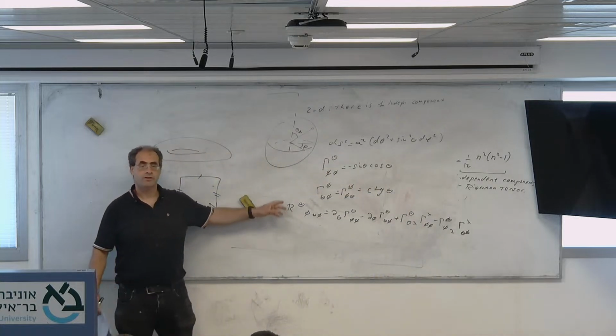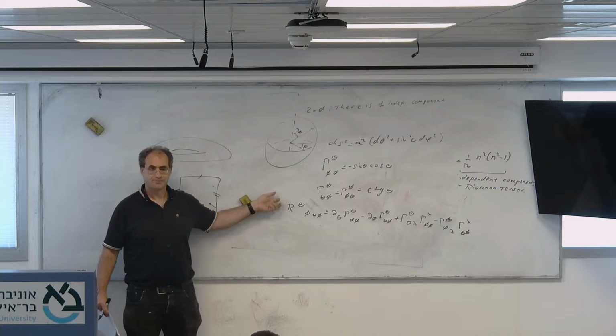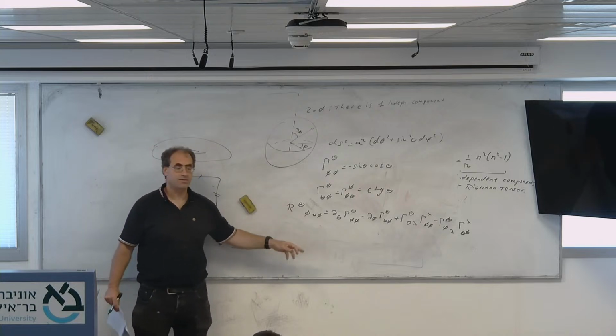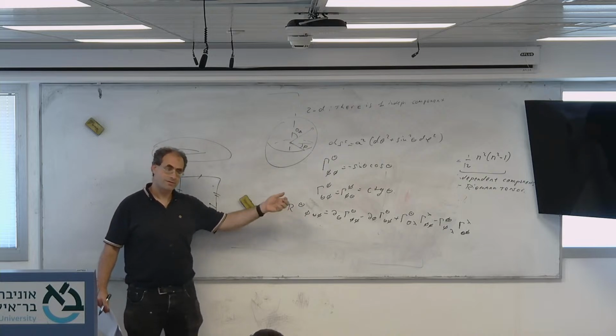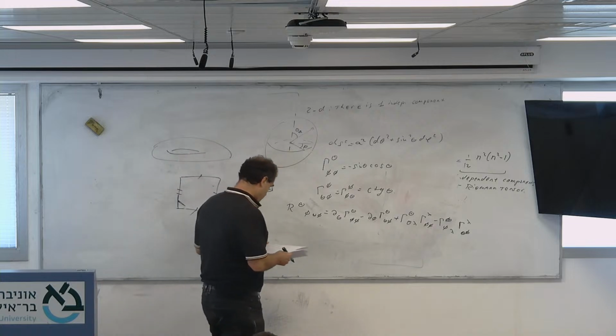Why only one component? That's one independent. Because all the other components I can get by the symmetries of the Riemann tensor. If I want to know R phi theta, just switch indices.